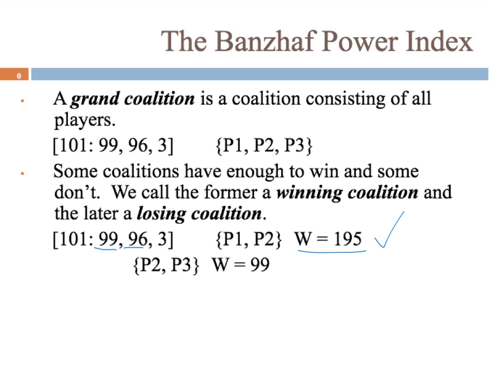They definitely have enough to win, so that's a winning coalition. If player 2 and player 3 vote, they get 99 total, 96 plus 3, so that's a losing coalition if those 2 vote yes but player 1 does not vote yes.